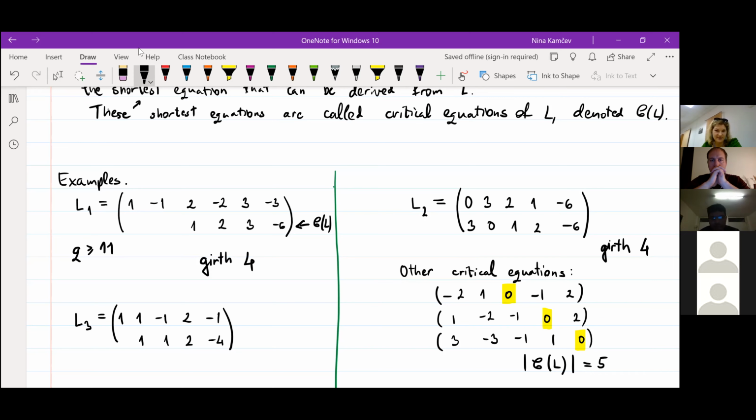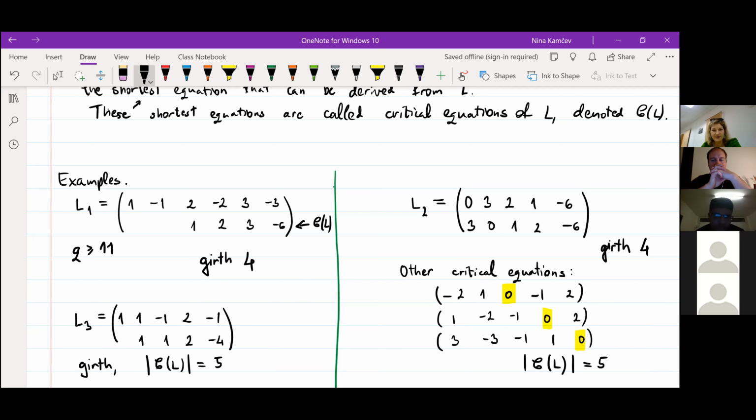This is a similar type of system where, again, its girth is 4. And I'm not going to check this time, but it's not hard to see that it has 5 critical equations. And in fact, all 5 of these critical equations are uncommon.